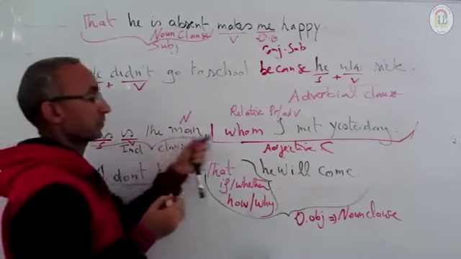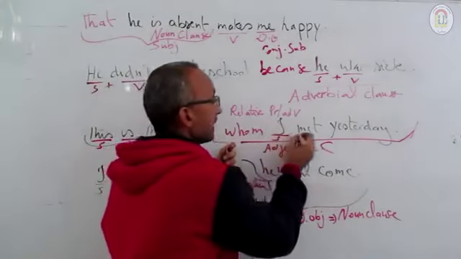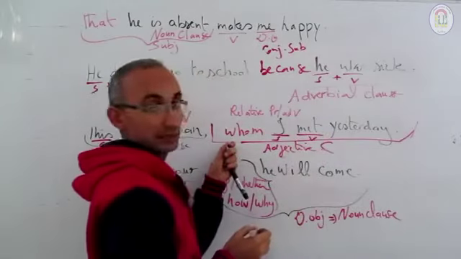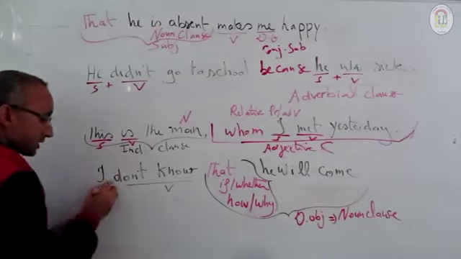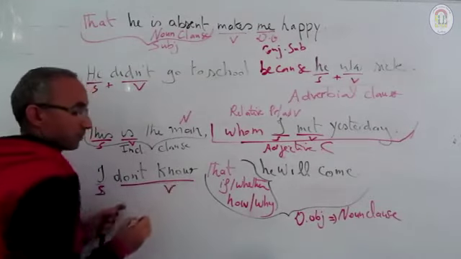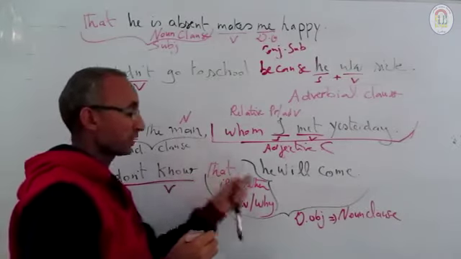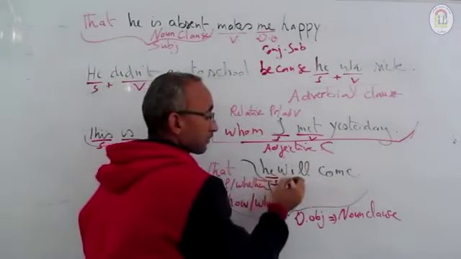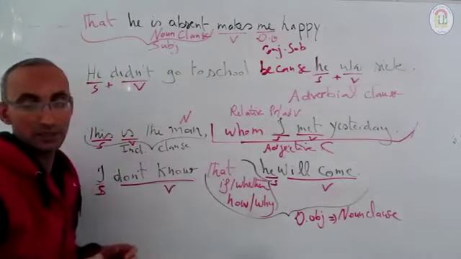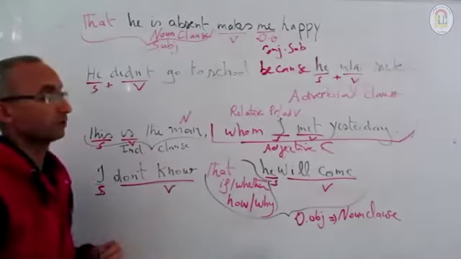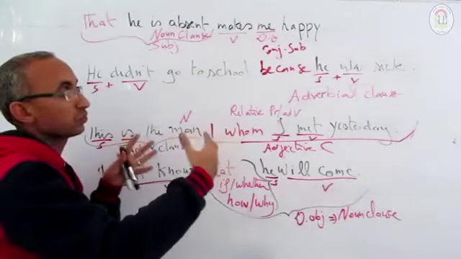S plus V before the relative pronoun whom, and also after it I have S plus V usually. Clear, usually. Here also in the noun clause, after the marker of the noun clause I have a subject plus a verb. Clear, a subject plus a verb. This is the way how we consider them joining two clauses.